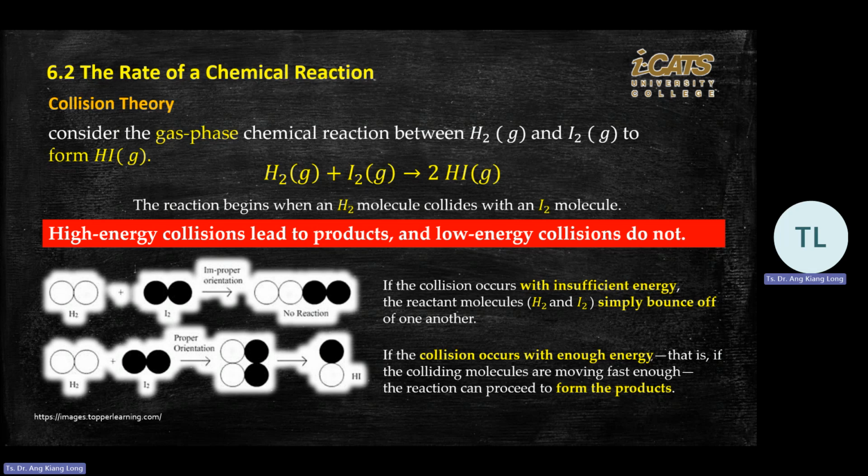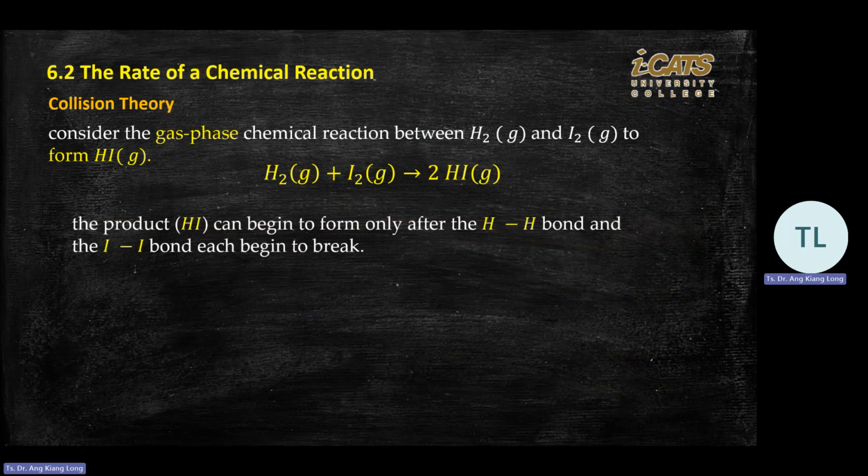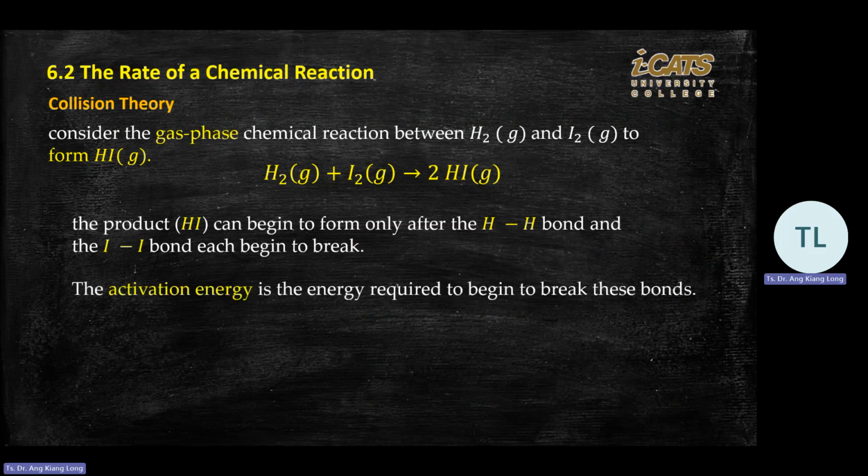If you have enough energy during the collision, you will lead to product, means product will form. If not enough energy or low energy collision, it will not, means the reaction won't happen, product won't form. This one you read.